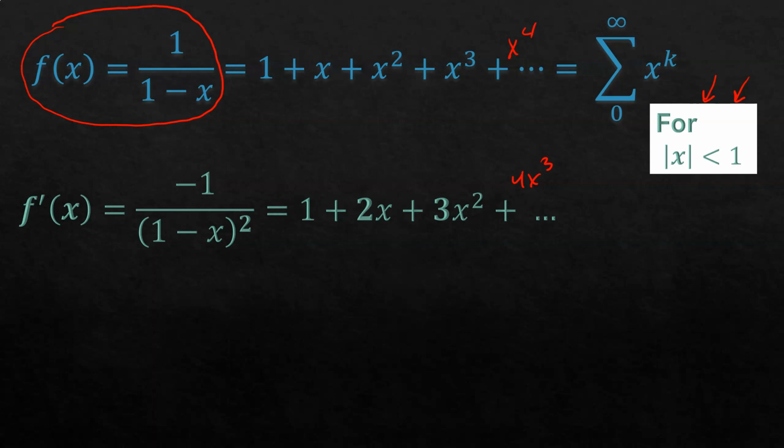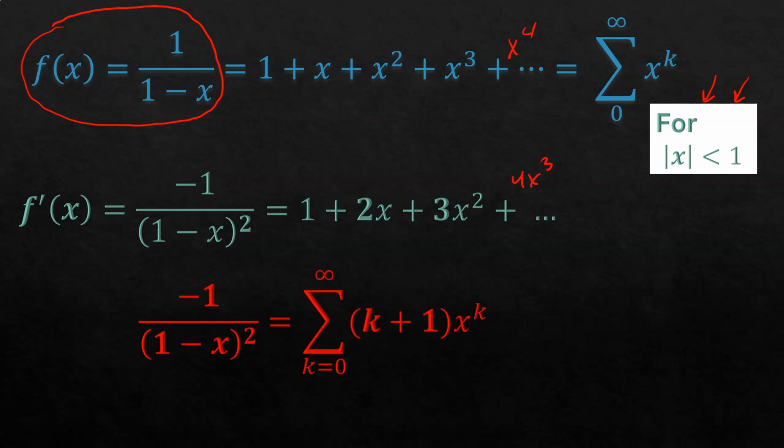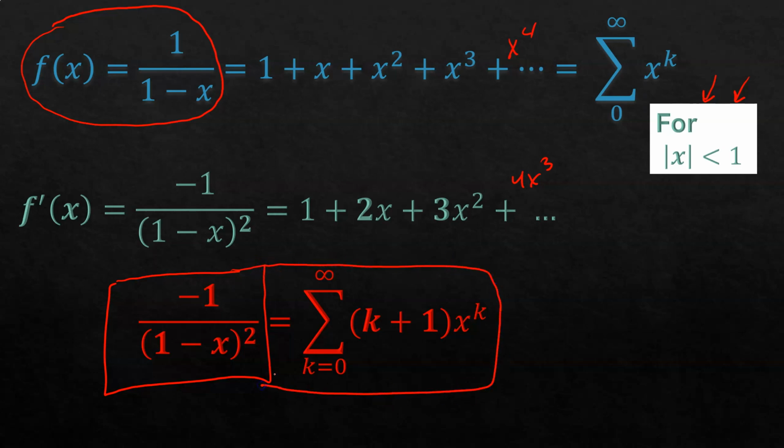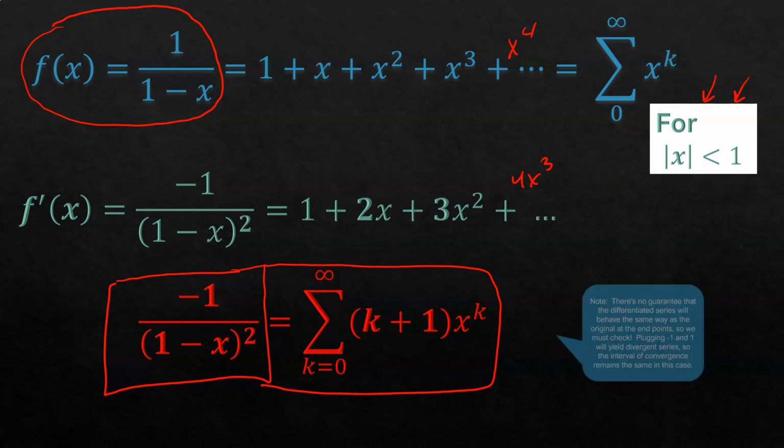Okay, now we can write this new function that we have here. That would be -1 over 1 minus x to the second power is going to equal this series that we just came up with, right? So the thing to note is that you can only differentiate within that interval of convergence.